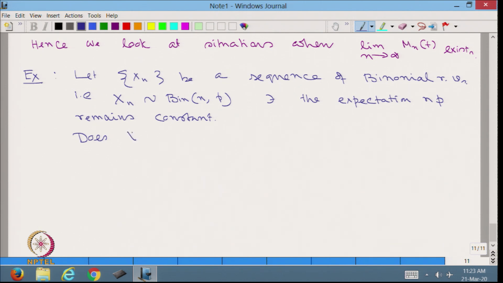Does X_n converge to some random variable? That is the question.